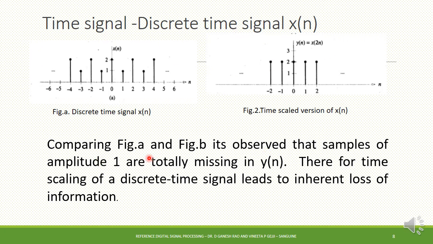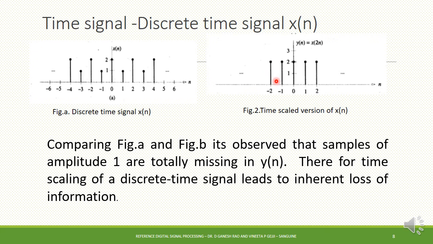Comparing figure A and figure B, it is observed that samples of amplitude 1 are totally missing in y of n. These are the amplitude 1 samples, correct? These are all missing in this figure.